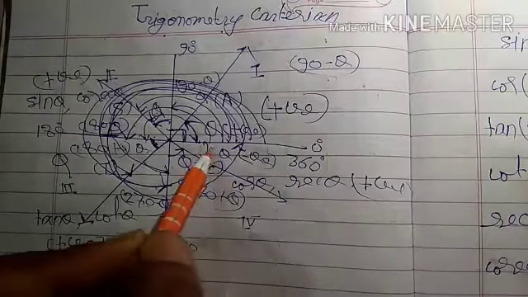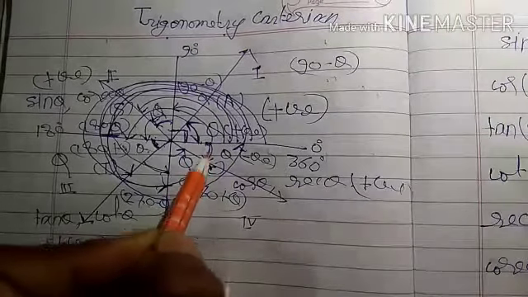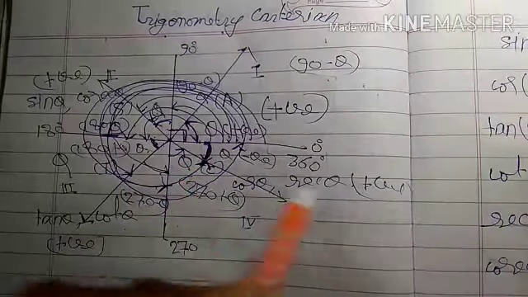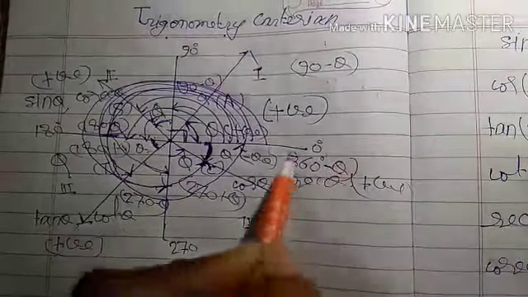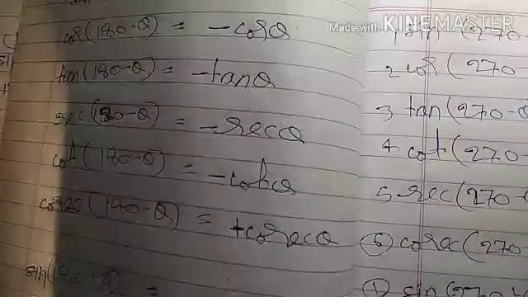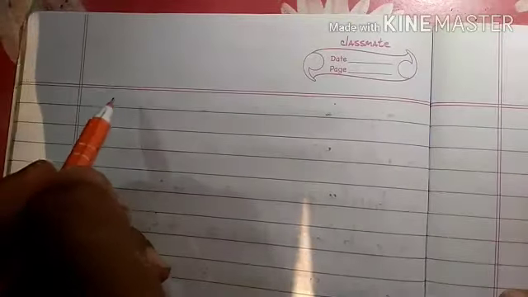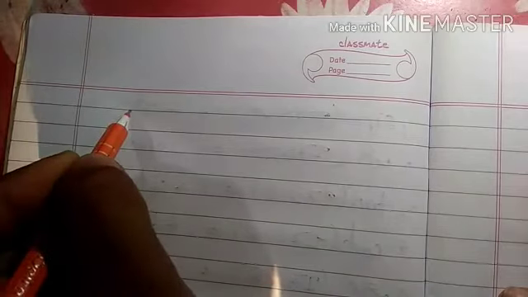So this angle is 360 minus theta. We talk about 360 minus theta, which is in the fourth quadrant, and we know that in the fourth quadrant only cos theta and sec theta are positive and the four other functions are negative.